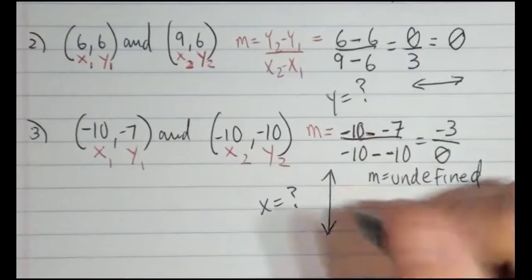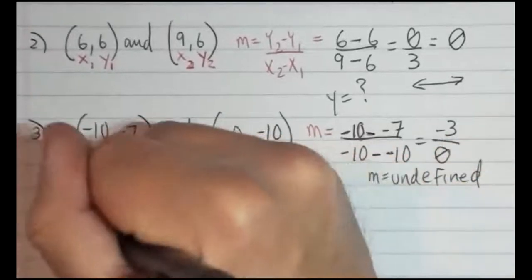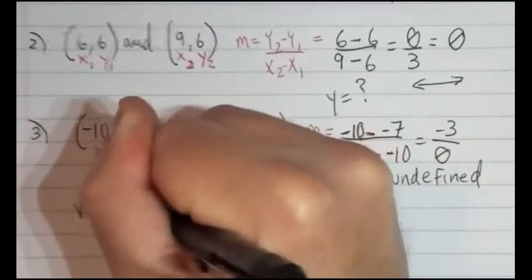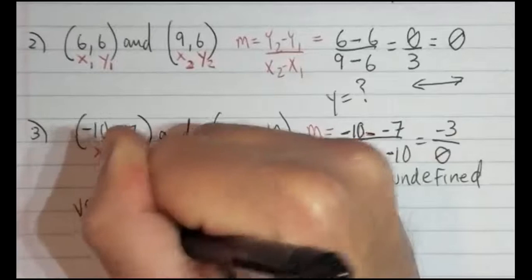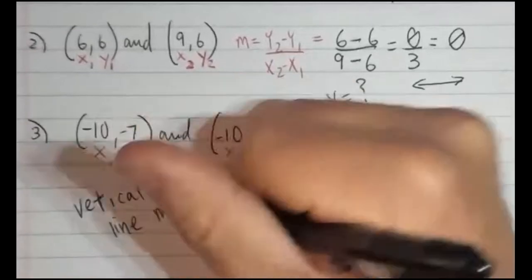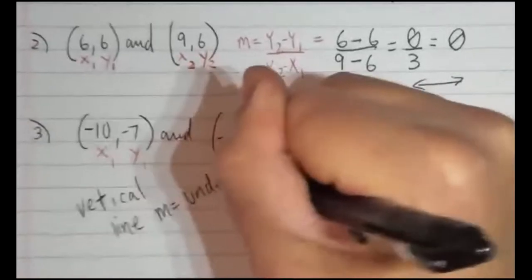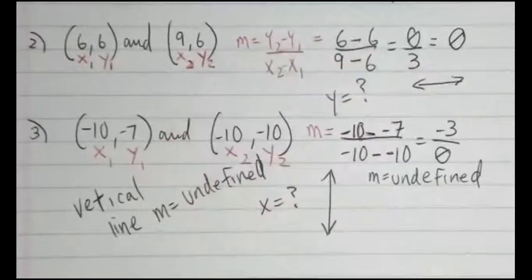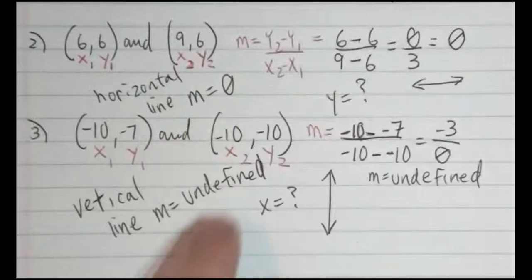Vertical line, our slope is undefined. A horizontal line, our slope is 0. I'm sorry if I haven't said it yet, but m is what we use for slope.